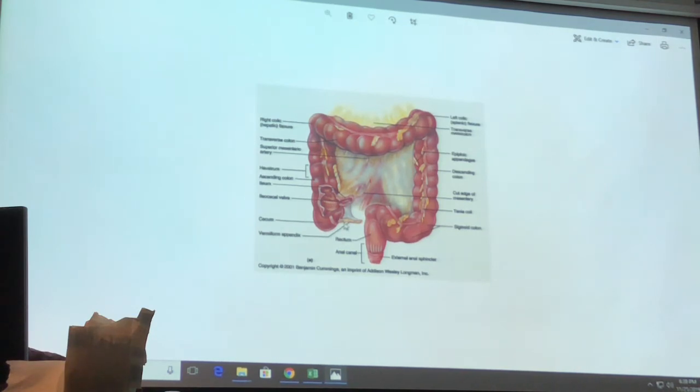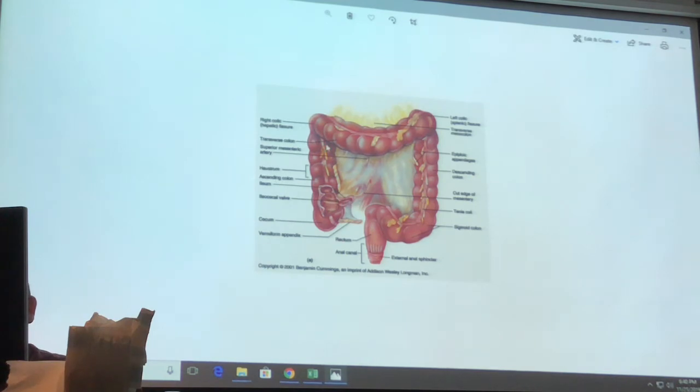The appendix is understood to have some sort of immune response. It's not horribly well understood, but now it's known that this isn't just one of those leftover organs. It does have a role, so doctors are much less eager to remove appendices than they used to.